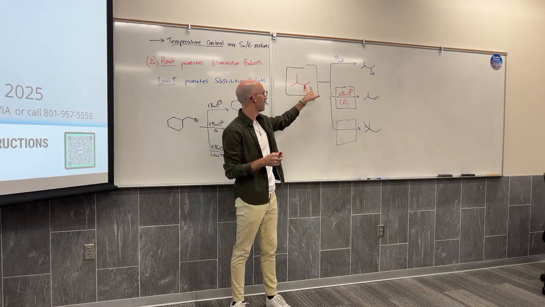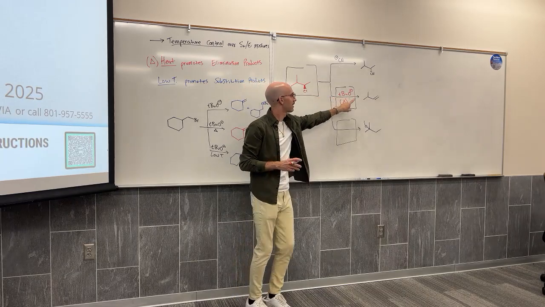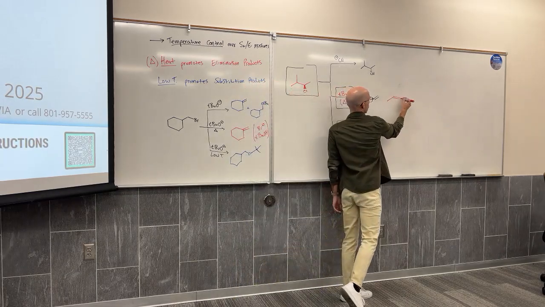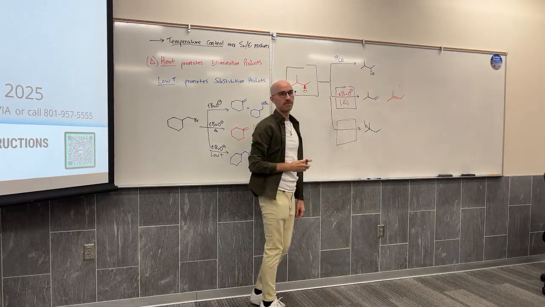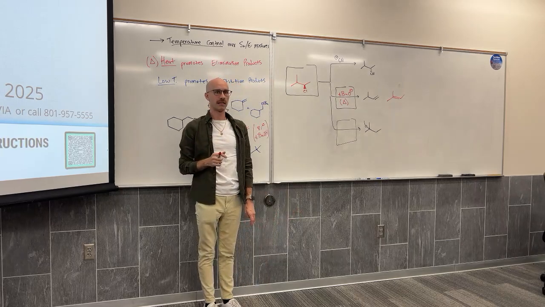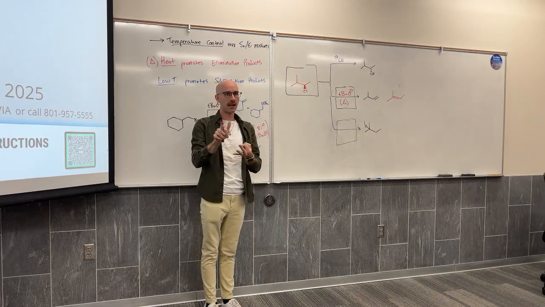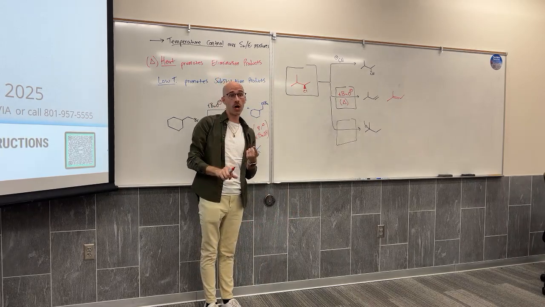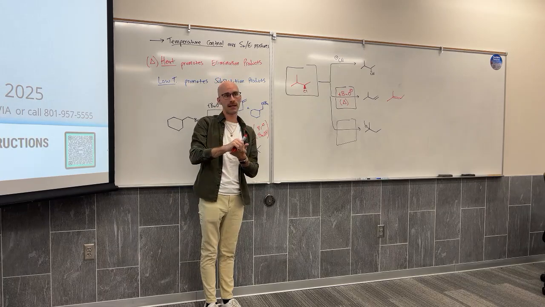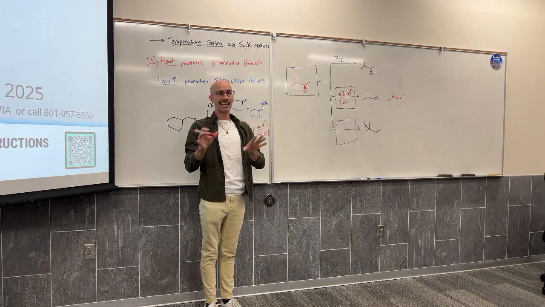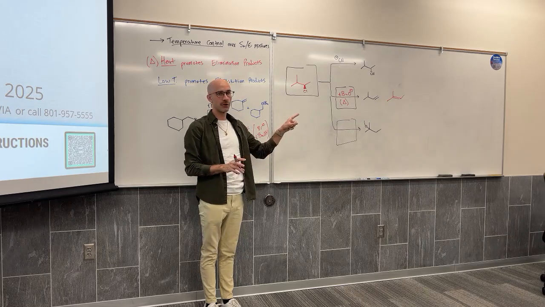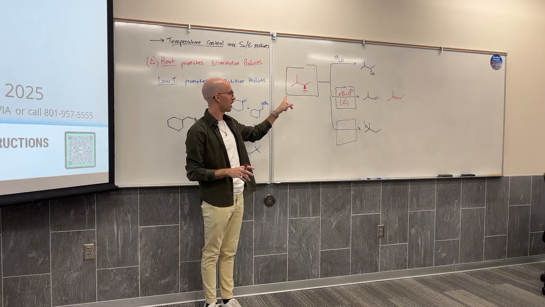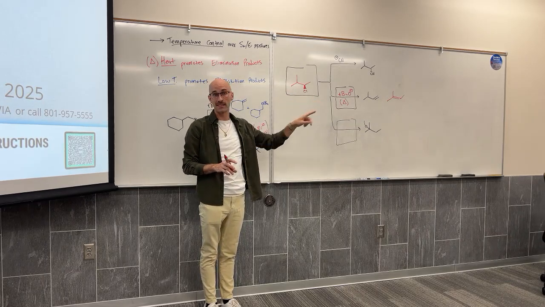If you add hydroxide, it gives you this product, the Zaitsev elimination. If you add methoxide, ethoxide, if you add water and heat, if you add methanol and heat, any other base, strong or weak, is going to give you the Zaitsev elimination. Tert-butoxide is the only one that gives us this anti-Zaitsev.